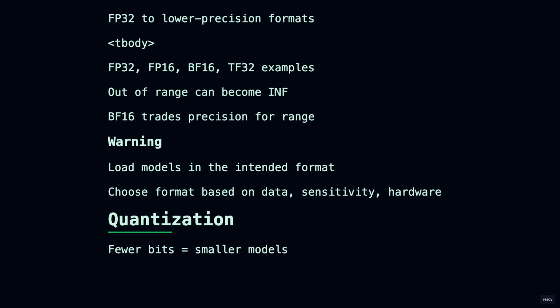When you reduce precision, each weight takes less space, so the whole model becomes smaller in memory. For example, a 10 billion parameter model drops from about 40 gigabytes at 32-bit precision to about 20 gigabytes at 16-bit precision. The key point is that quantization is a simple, widely useful way to make models cheaper to store and run.